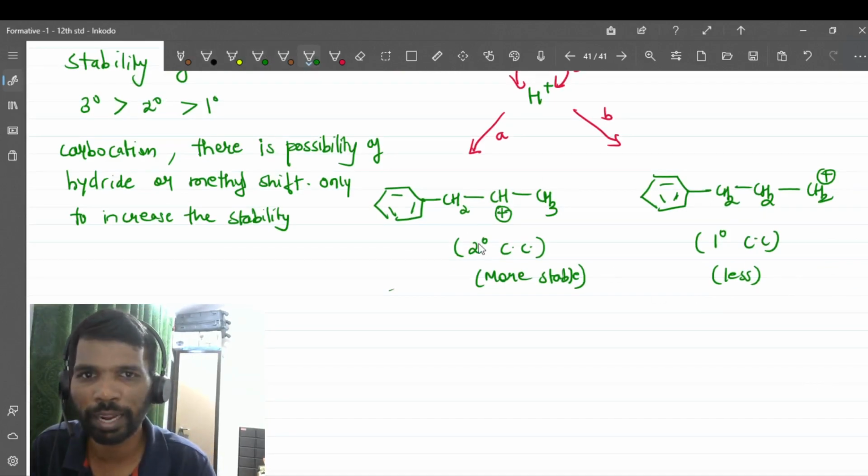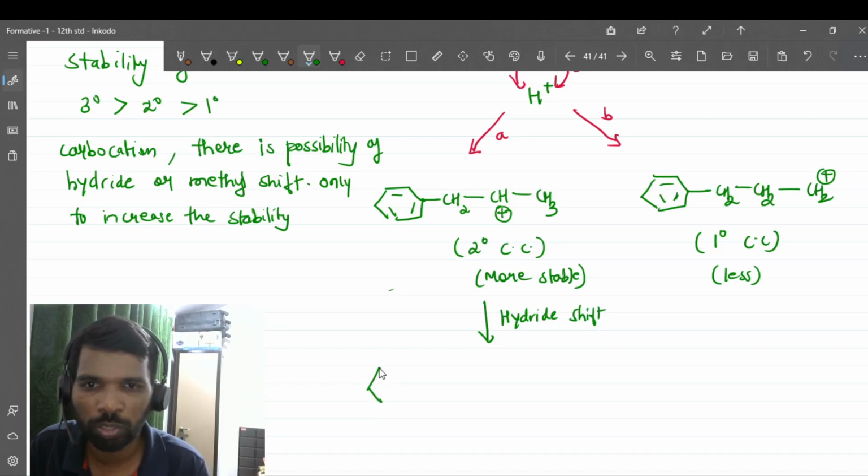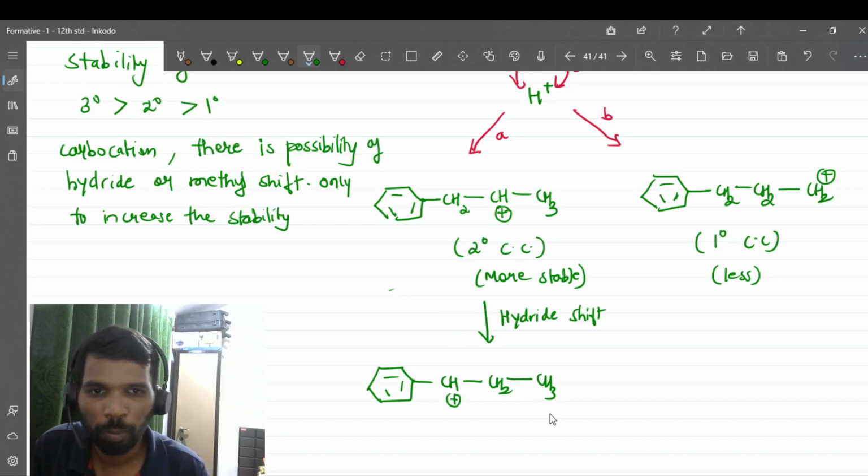So here there is a secondary carbocation, and there will be a hydride shift. Although it remains secondary, here there is resonance. Something which is stabilized by resonance is always more stable. Hydride shift means this hydrogen will come here, and here this will form a positive charge, and this is CH2, CH3. So this is a hydride shift, and this is more stable. Although this is also secondary, here it is in conjugation with the pi system.